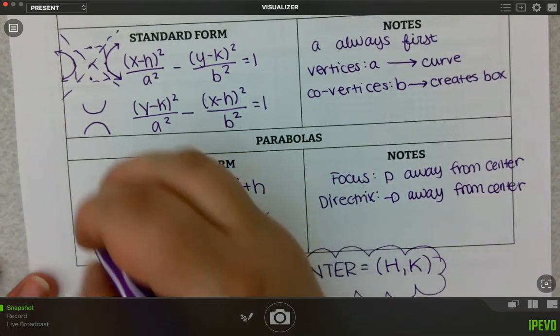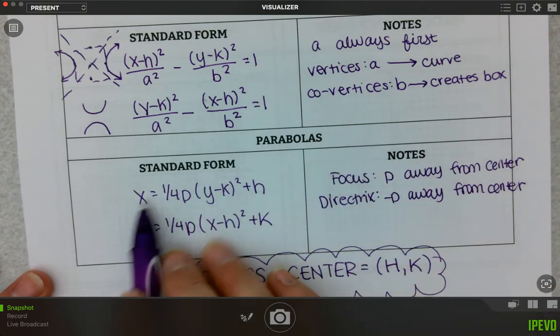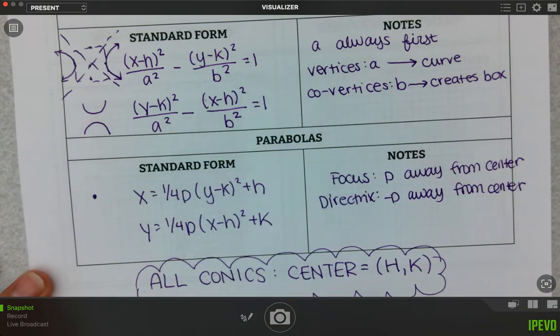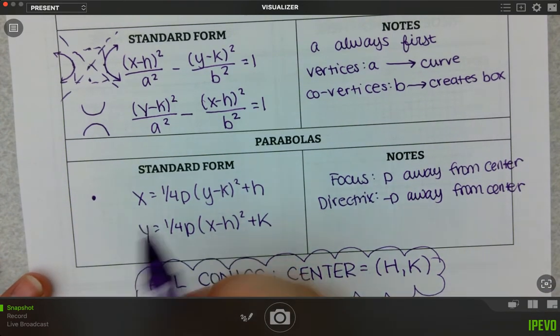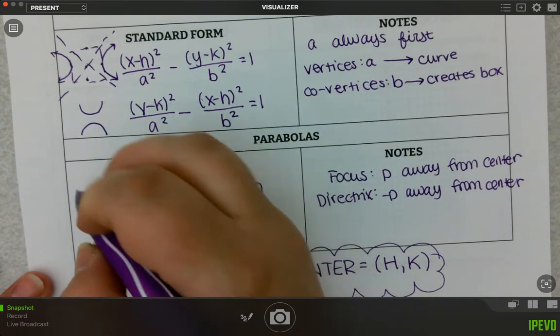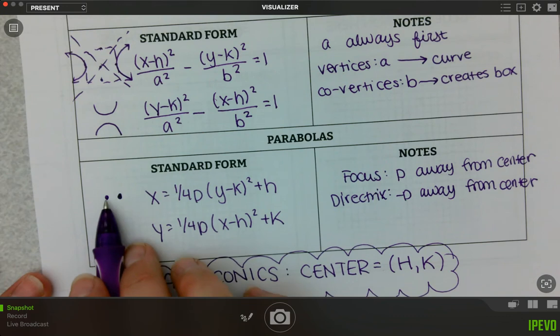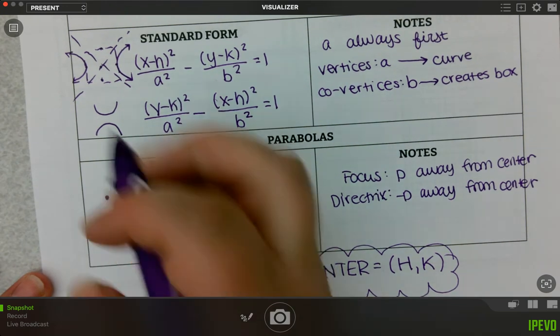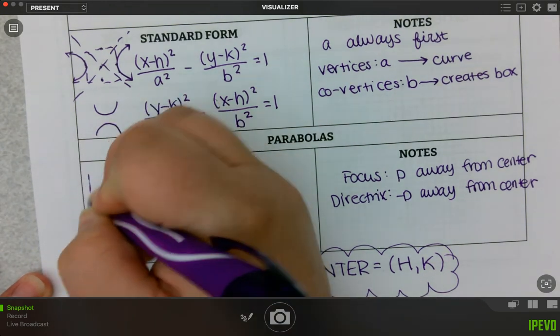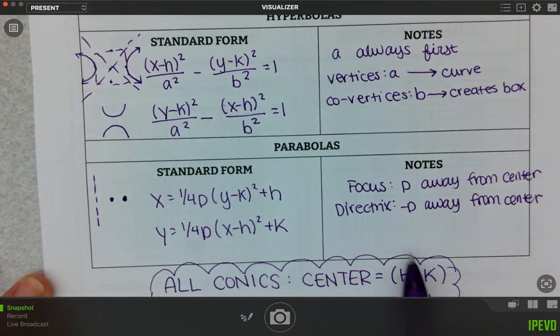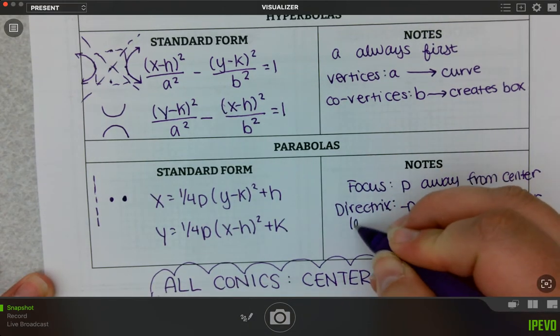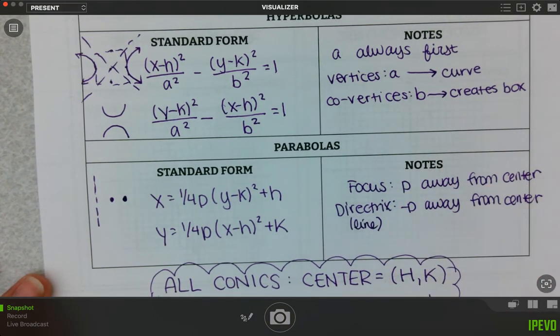Like this. So let's say it was an X equals 1. That means from your center, you're going to move in the X direction. So let's say the focus was over here. Then I would take that distance, count it out, and go the same distance on the other side and put the line there. The directrix is the one that is an actual line.